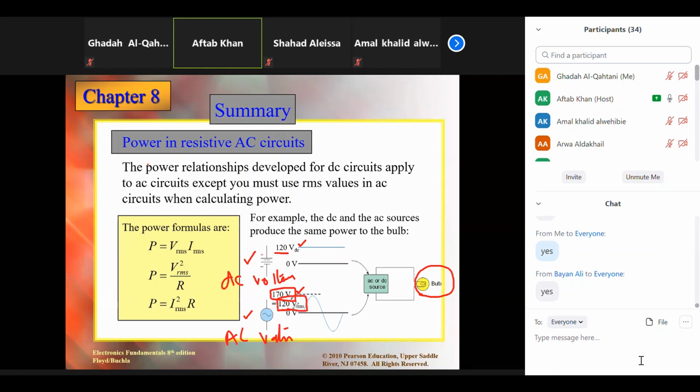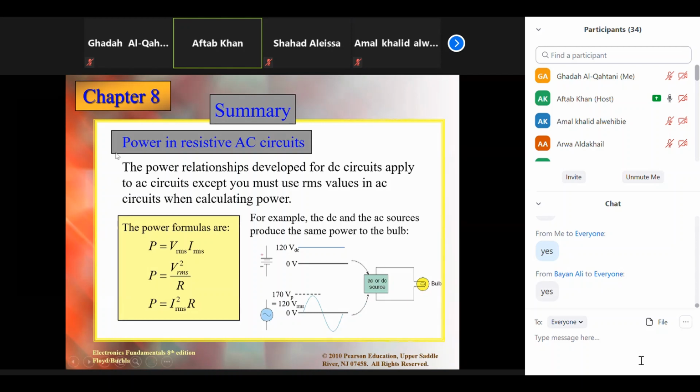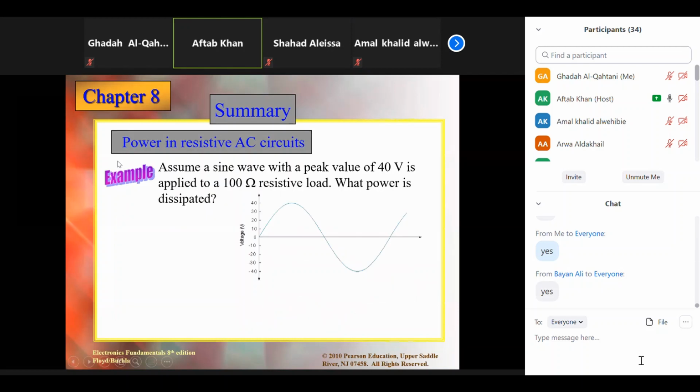So 170 peak is basically equal to 120 DC. That will give the same power to this bulb whether we give DC or AC. Okay, so just a reference to understand the concept of DC and AC.